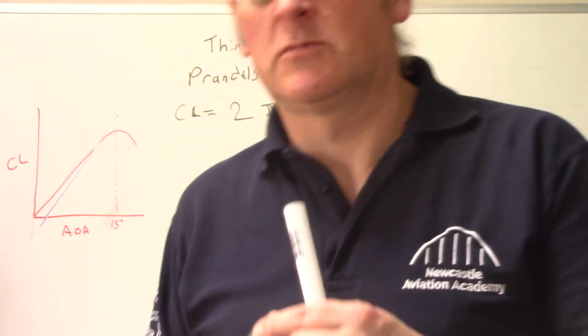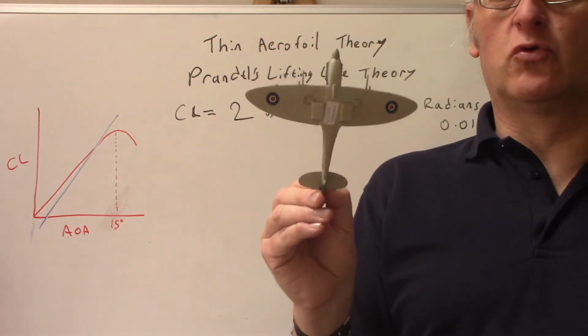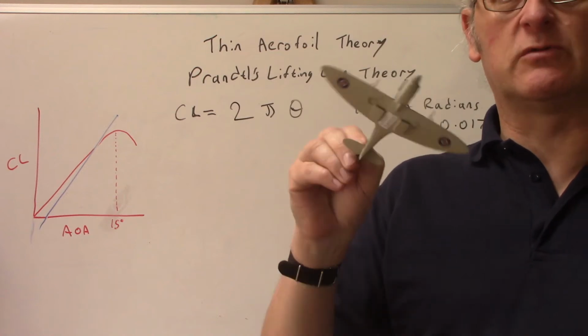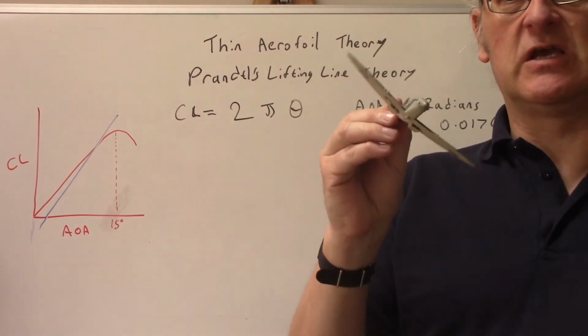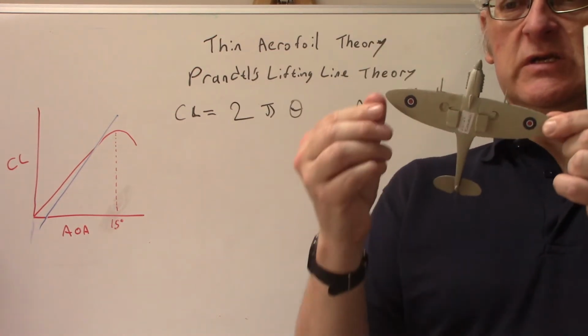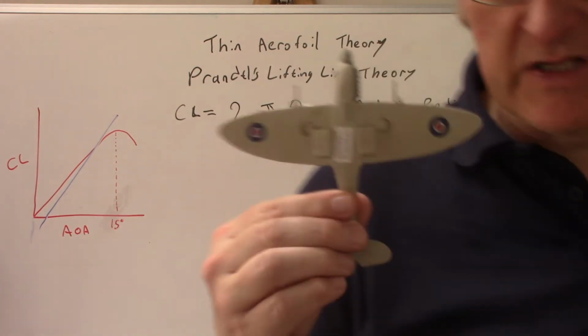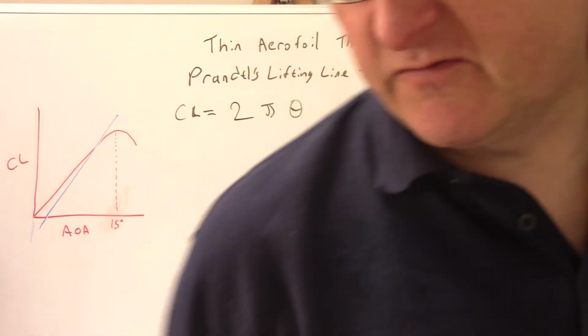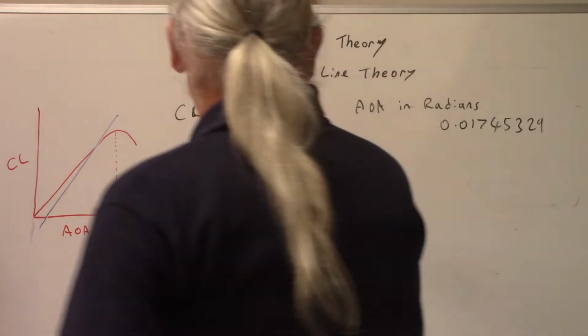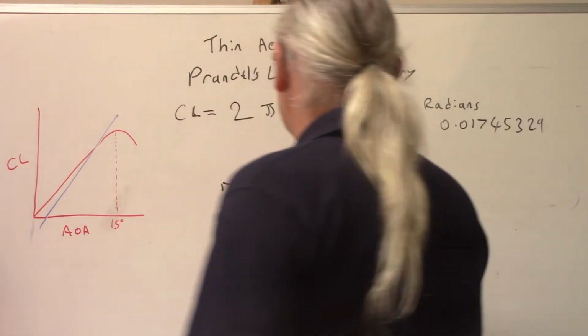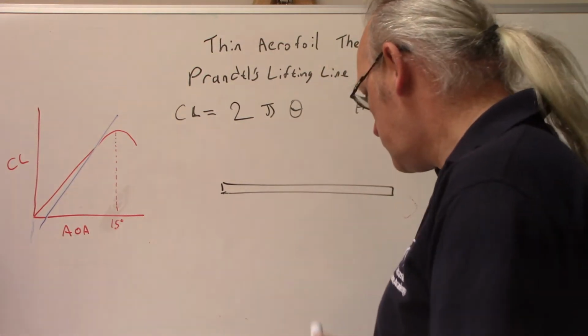The Spitfire wing is not a perfect design, but it's very close when it comes to induced drag. It was designed to minimise induced drag, so the tips are very, it's called an elliptical wing. But this isn't the ellipse that we're talking about, not to be confused with an elliptical wing. We're going to talk about this elliptical theory of wings here, so nothing to do with the Spitfire.